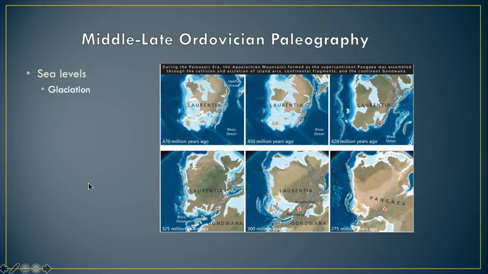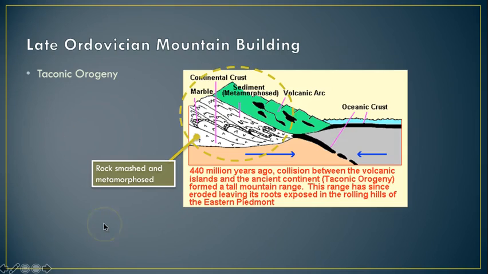Near the end of the Ordovician, the climate warmed, glaciers melted, and sea levels rose once again. At the end of the Ordovician, the eastern margin of Laurentia is a convergent plate boundary, causing a collision with an island arc that intensely folded and metamorphosed rock, building an ancient mountain range in what is today the region of New England.